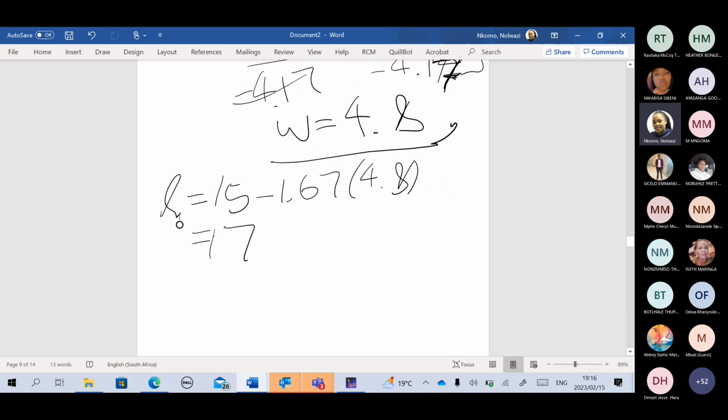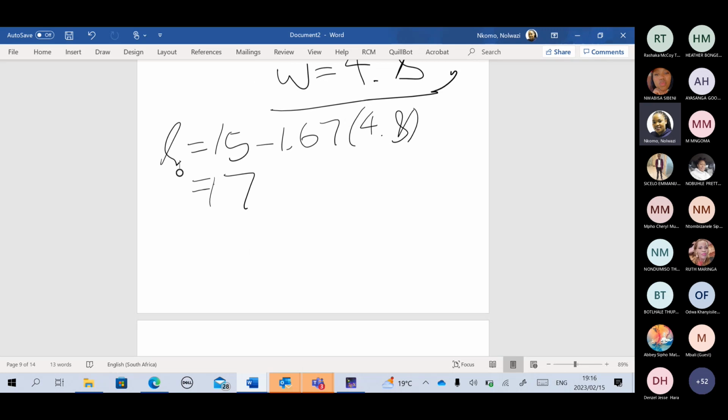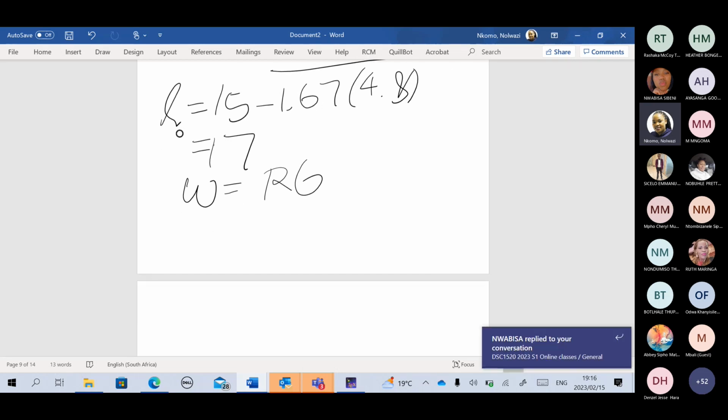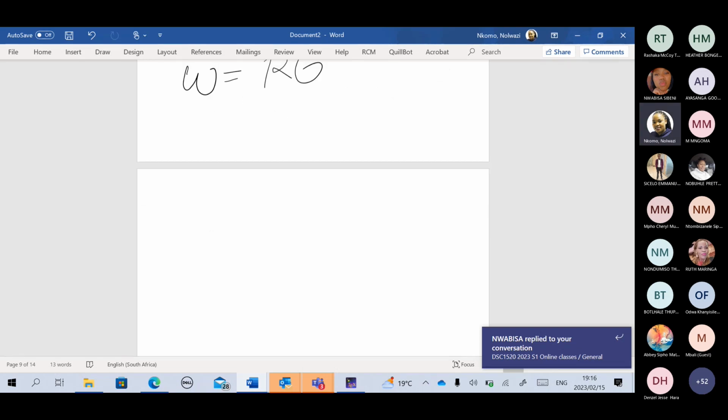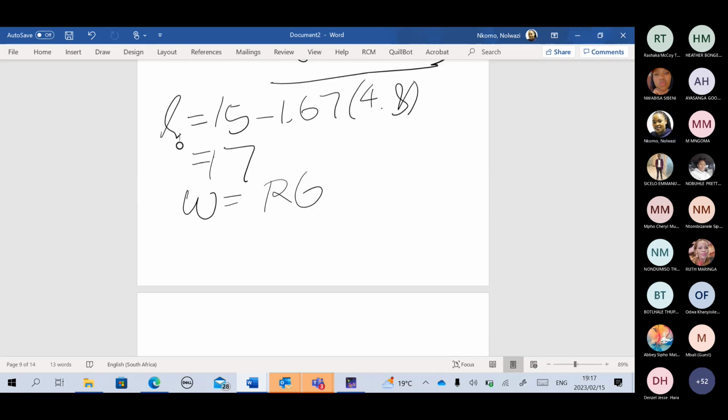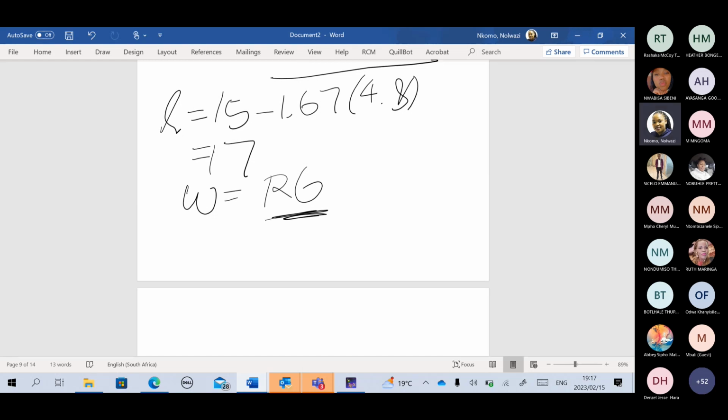Now the government intervenes and says the wages cannot be lower than 6 rand, meaning we have to introduce W equals 6. And we need to find how many workers we can hire if the wages are increased to this amount.